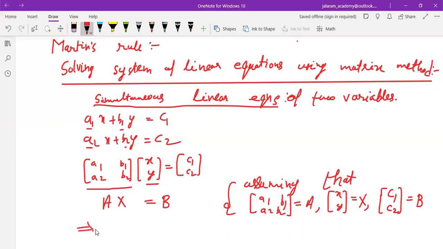So how to find X now? If we multiply both sides by A inverse.